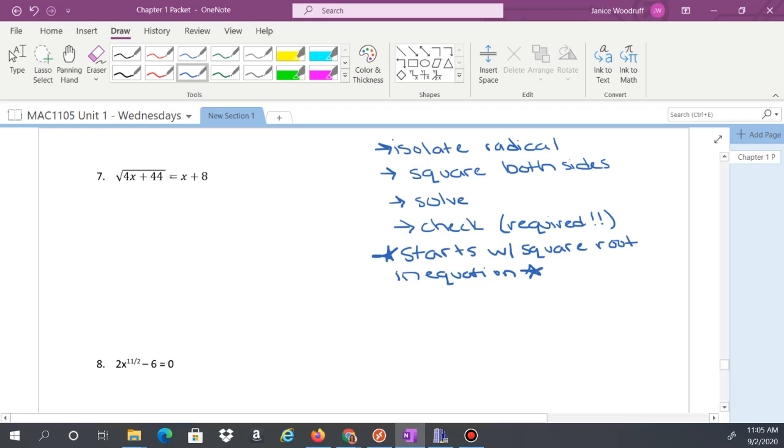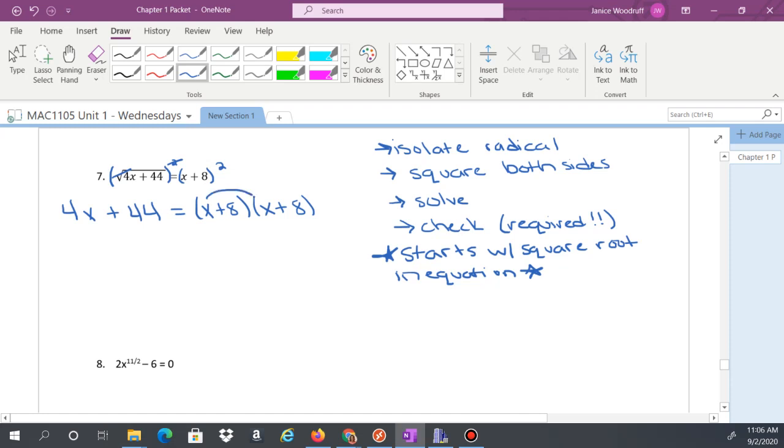All right, so we will square both sides. So square root and square cancel each other out. You get 4x plus 44 equals x plus 8 squared. So x plus 8 times x plus 8. Now we have to work that out.